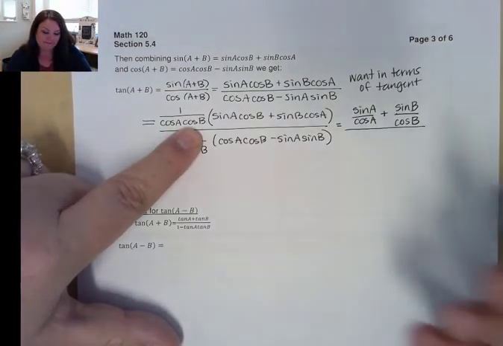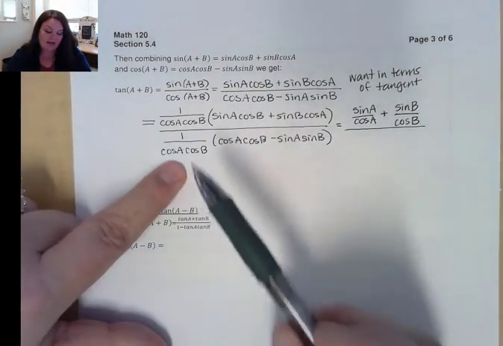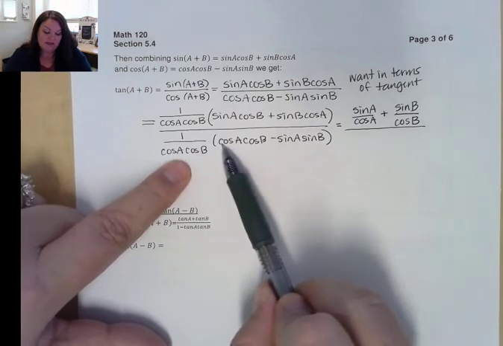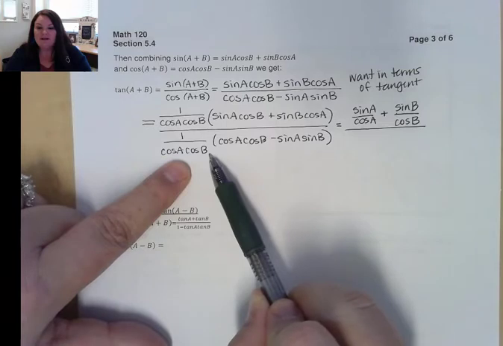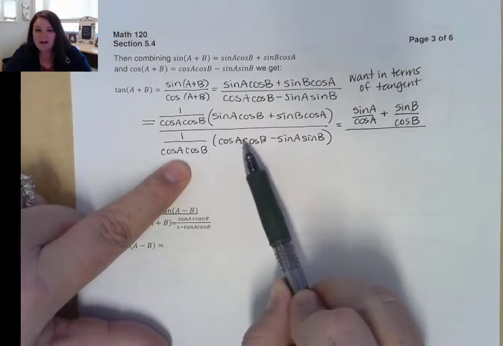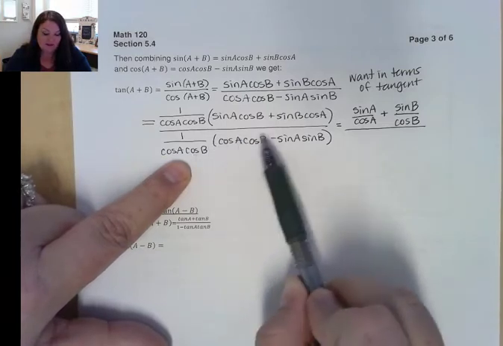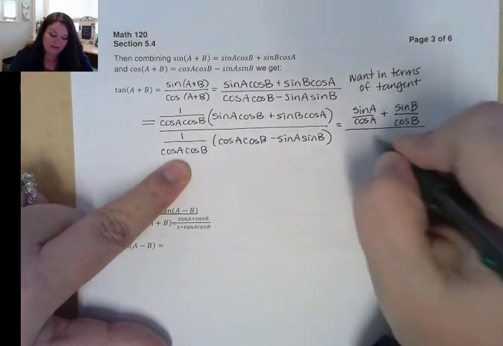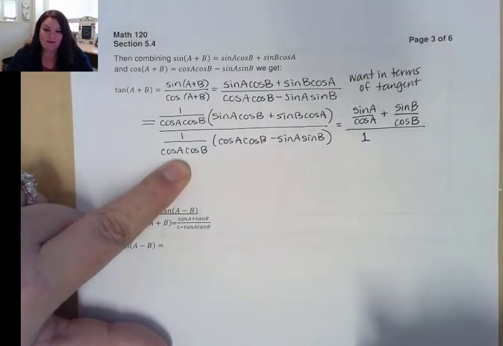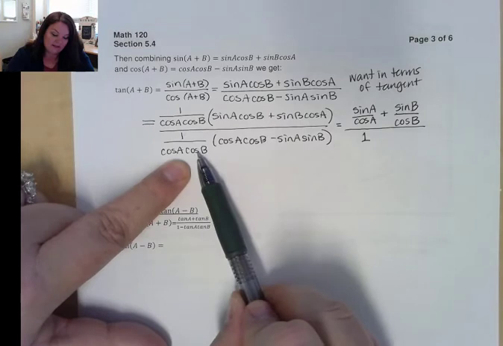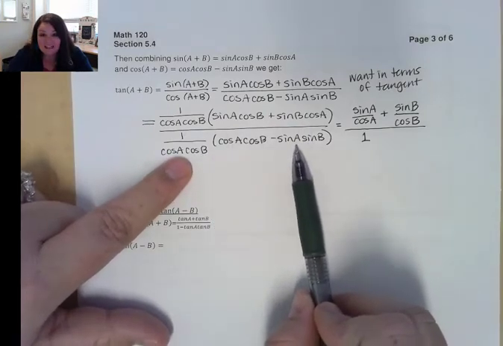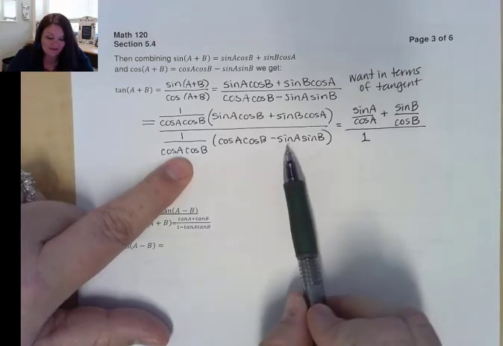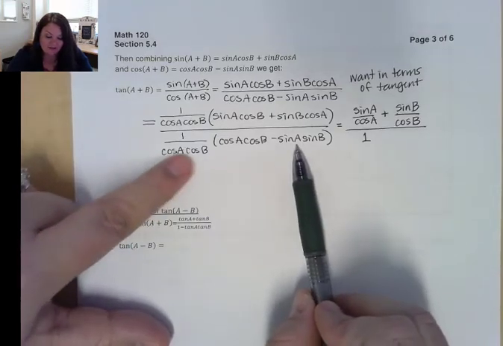Let's look on the bottom. On the bottom, when I multiply, notice this is exactly that thing's reciprocal. So anytime I multiply by a number and its reciprocal, this is all going to cancel out, and I'll just be left with a 1. And when I multiply this times the second term, unfortunately, nothing's going to cancel out, right? I'm going to have sine A, that does not cancel with anything.